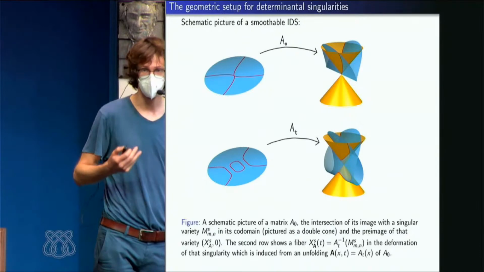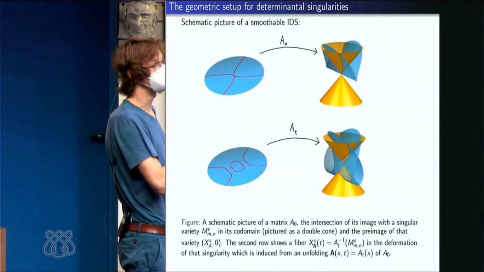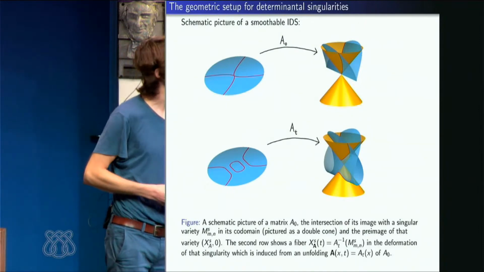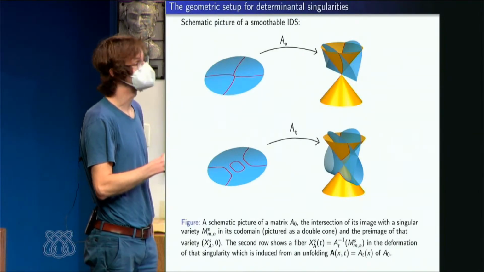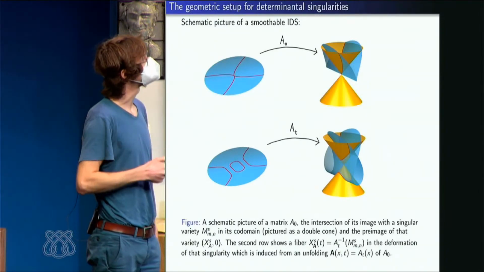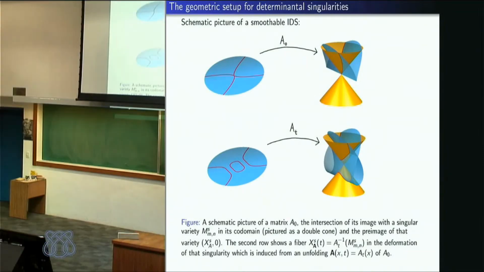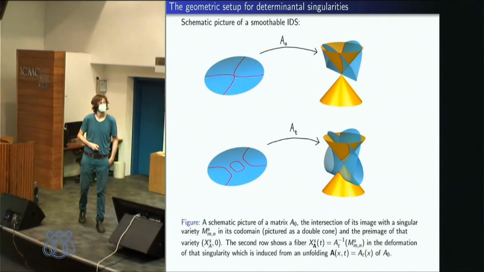So how is a determinantal singularity set up? You have some space C^p with p variables and a map A0 into the space of matrices here. And then in the space of matrices, the yellow thing stands for the generic determinantal variety, which are the matrices which are degenerate, which have an upper bound on their rank.